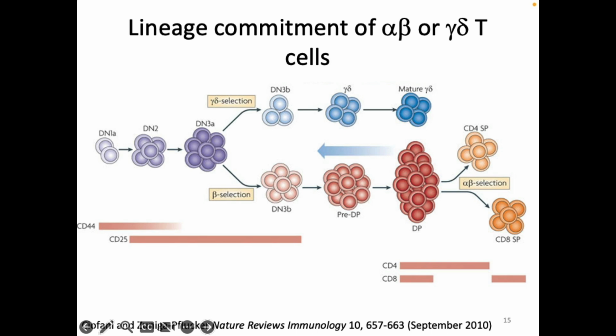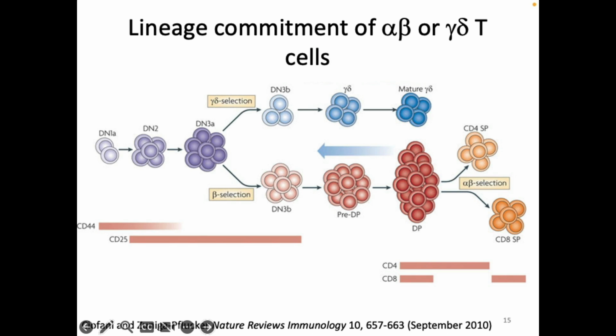If the cell makes a beta chain, then it's going to keep going towards being a DN4, a double positive, eventually a single positive. It's going to keep doing all the parts of T cell development that we're talking about. And these two types of mature T cells that eventually end up in the periphery, either the gamma deltas or the alpha betas, will have different jobs.